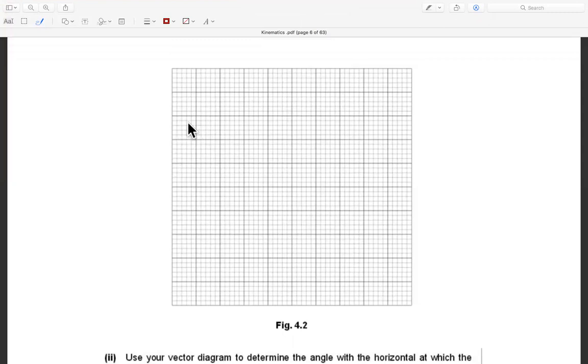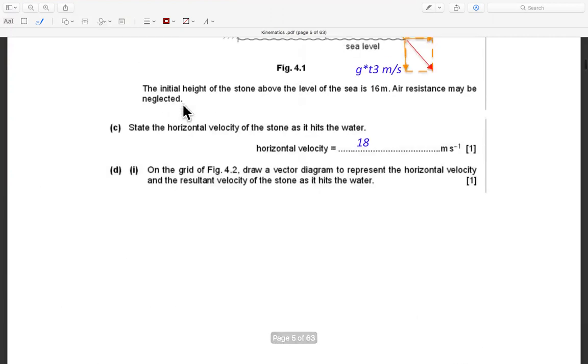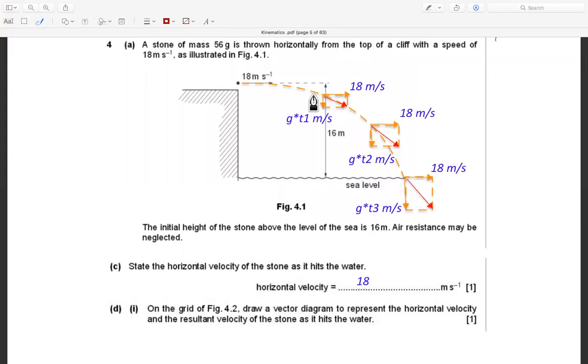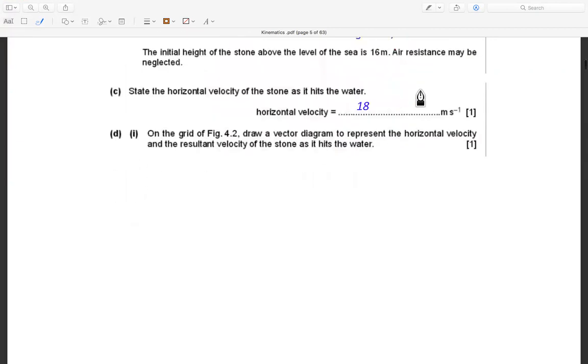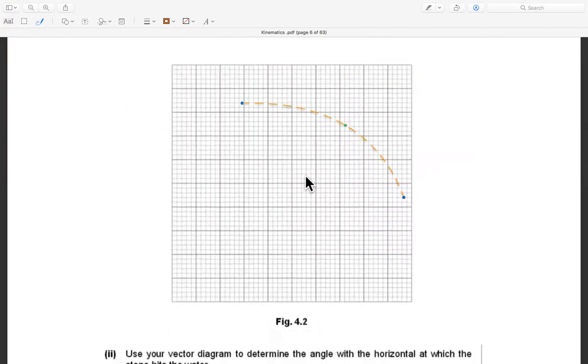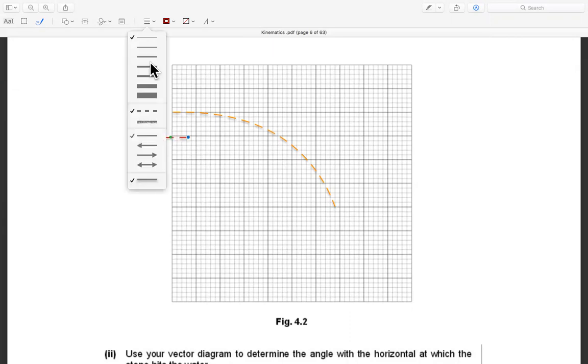Ya, coba we try to draw it. Ya, kalau kita copy paste from this. Let's select this one. So they have initial velocity as 18 here. This is 18.